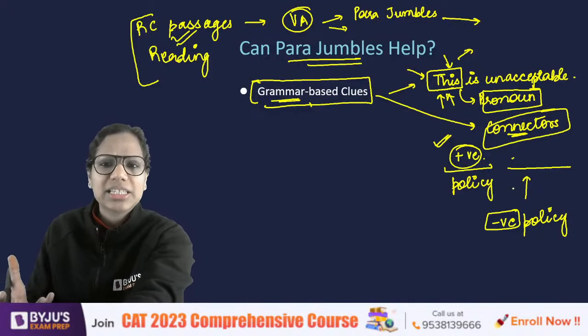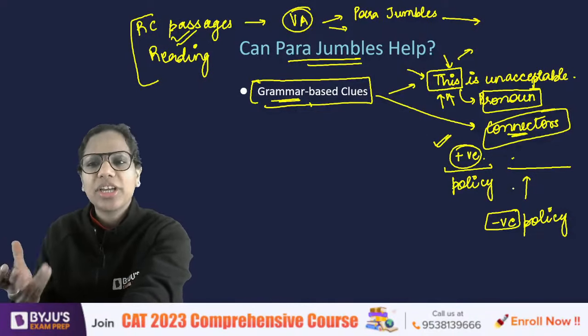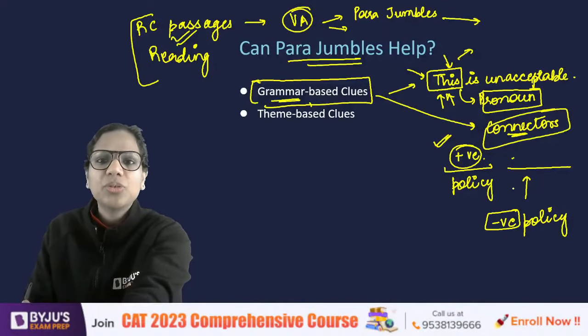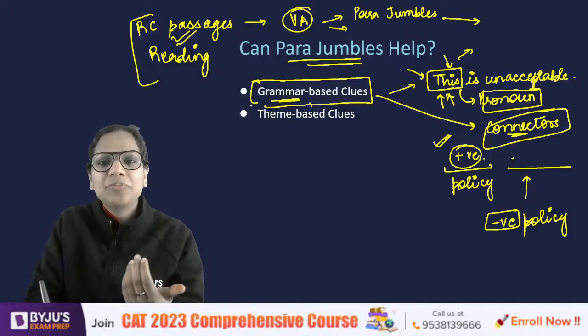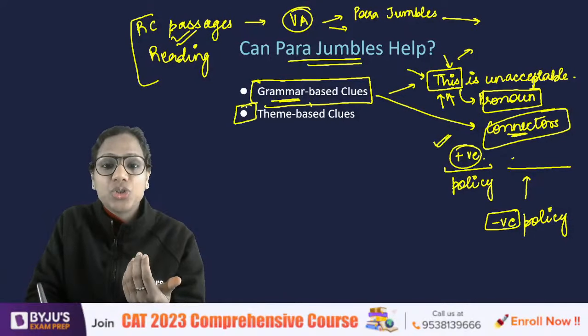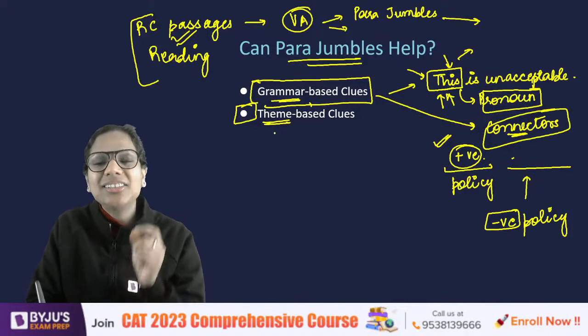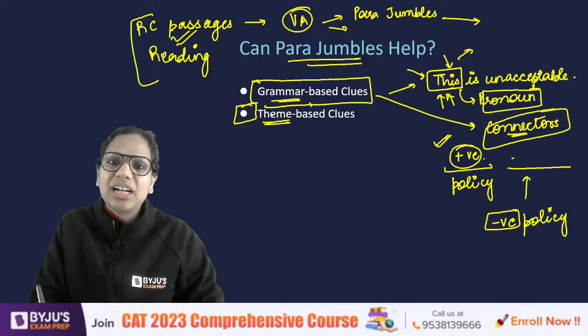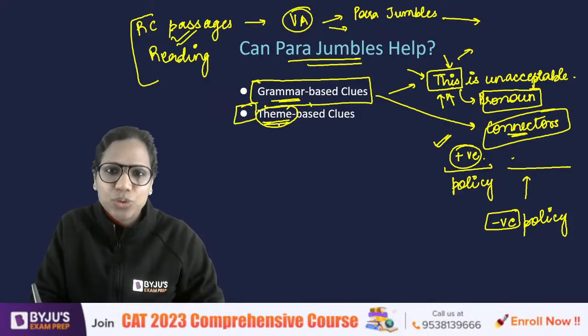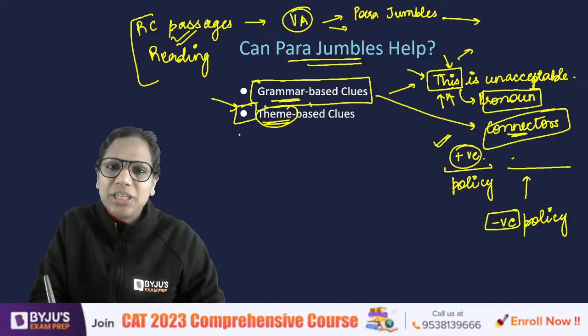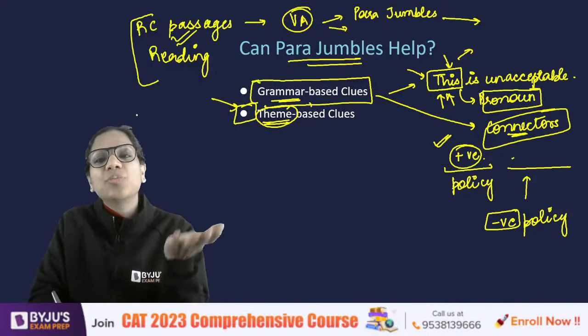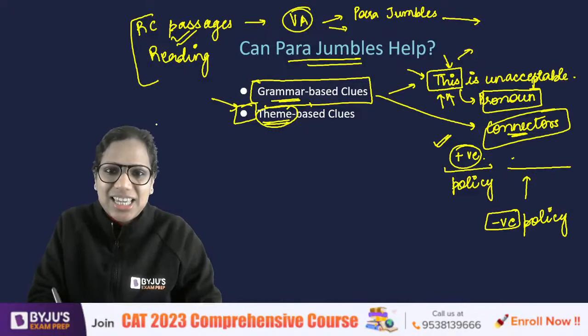Okay, what else? Fine, grammar based clues are done. You all know about it also. But what else can actually help me in para completion? Something that was relevant in para jumbles also. Understanding the theme of the paragraph. Understanding what the paragraph is about. What is it describing? What are the preceding and succeeding sentences saying?